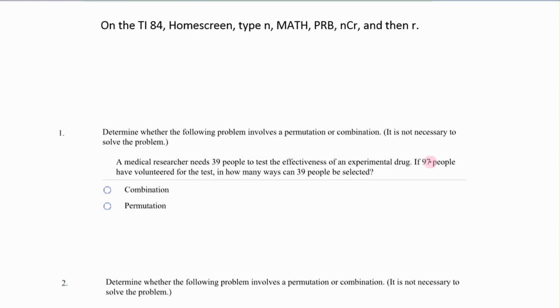If 97 people have volunteered for the test, in how many ways can 39 people be selected? You have to ask yourself the question, does order matter? Is being chosen first any different than being chosen 23rd? And the answer is no. And since order does not matter, this is a combination.